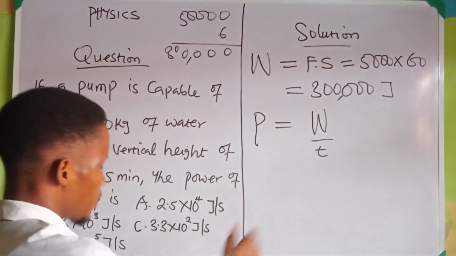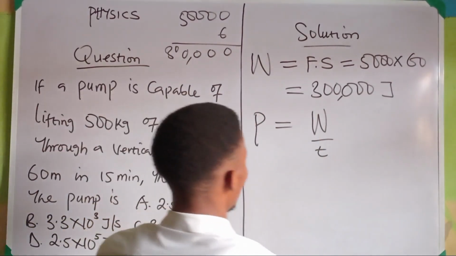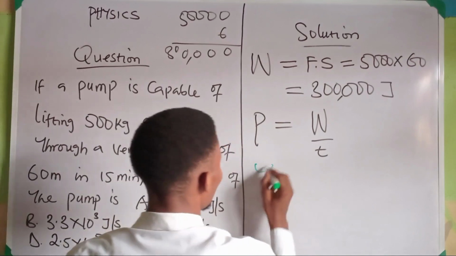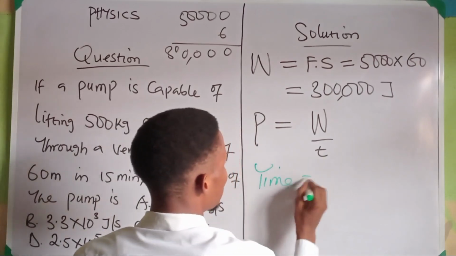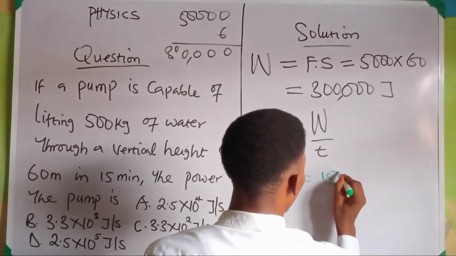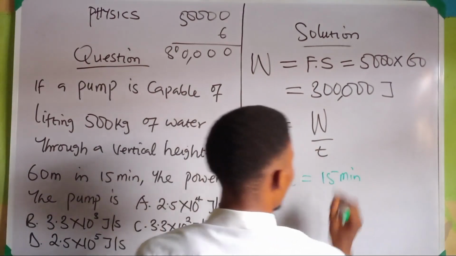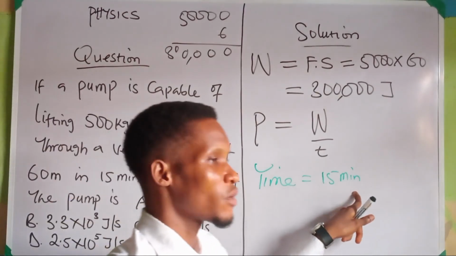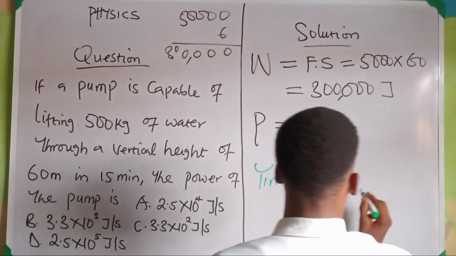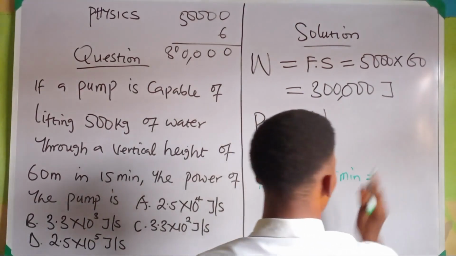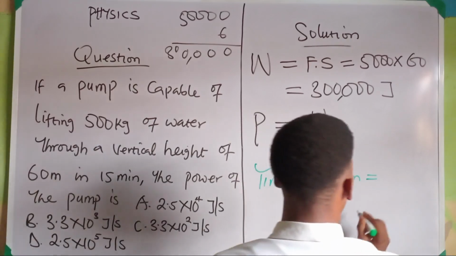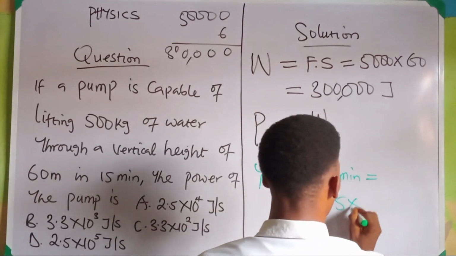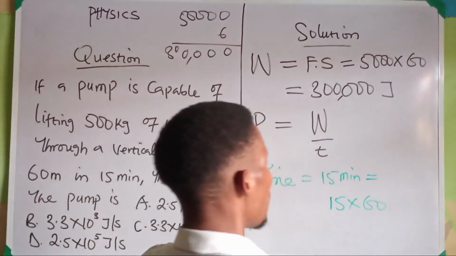So if we do that now, our time here is given to be 15 minutes. If you convert 15 minutes to seconds, we are going to multiply this by 60 seconds, which will give us 15 multiplied by 60. So how do we do this?